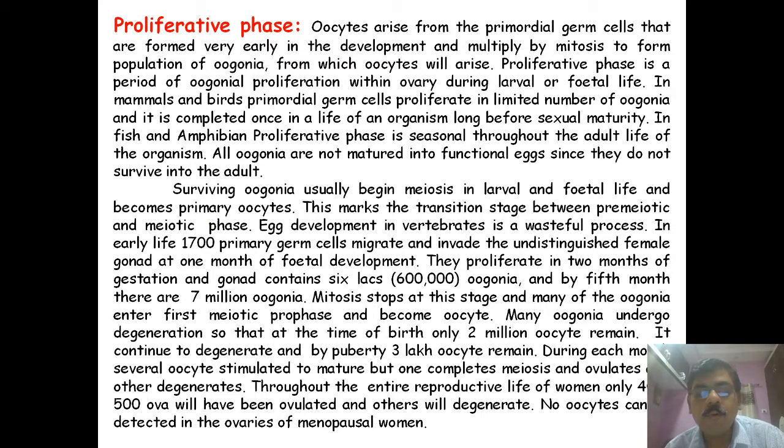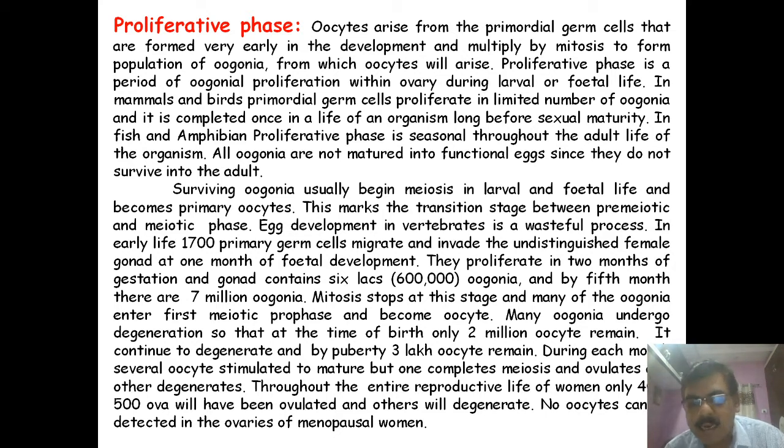It continues to degenerate, and at puberty or sexual maturity only 3 lakhs of the oocytes remain. During each month, several oocytes are stimulated to mature, but only one completes the meiosis and gets ovulated or released from the ovary, and the others degenerate.